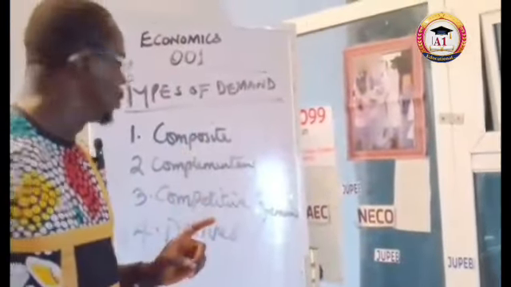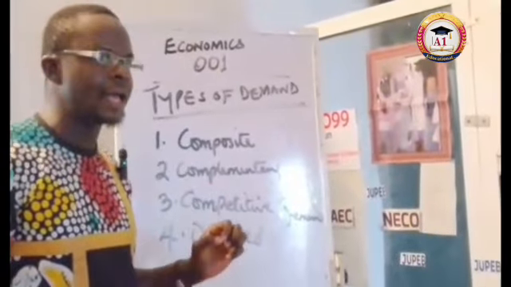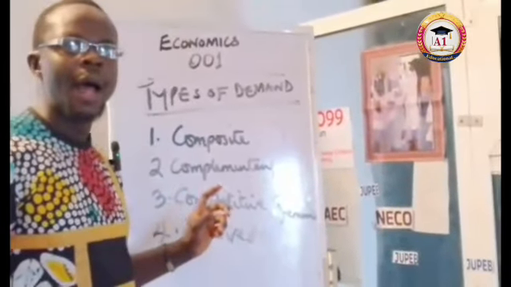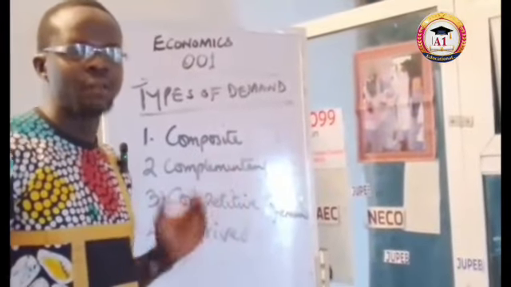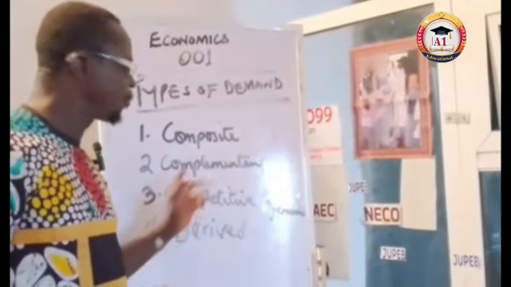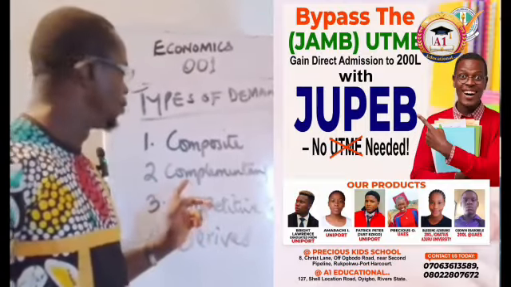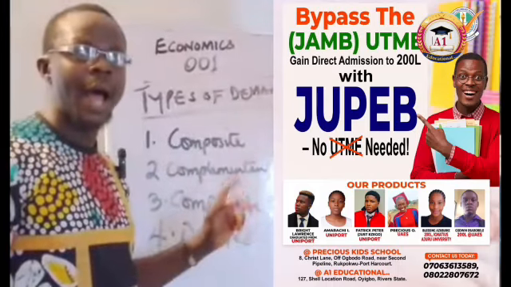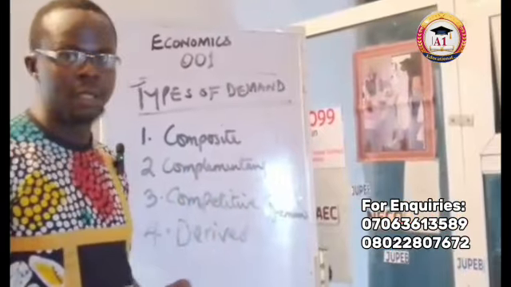For example, the demand for petroleum and motor car, the two must be present to function effectively. One cannot function without the other. Therefore, we say that the demand for the two products are complementary or in joint demand.